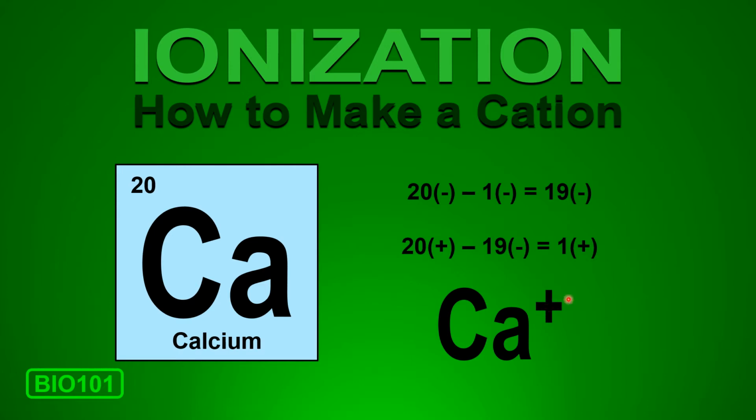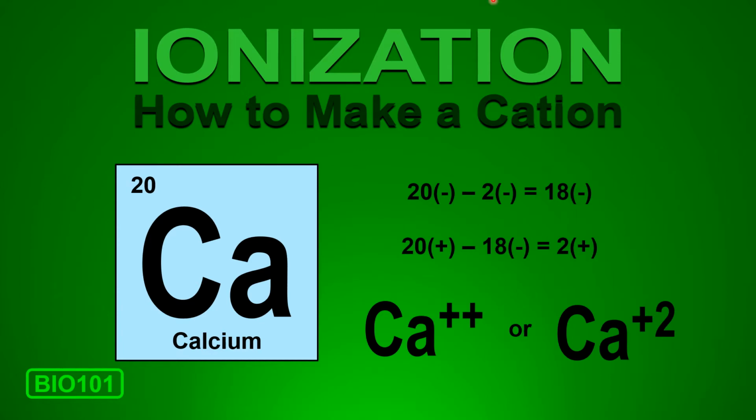You could also write this as a +1, because you can have a +2 and a +3 as well, but by convention, we know that when you write plus here, it means +1. It means 1 positive charge. So this is a cation, calcium with its positive charge there.